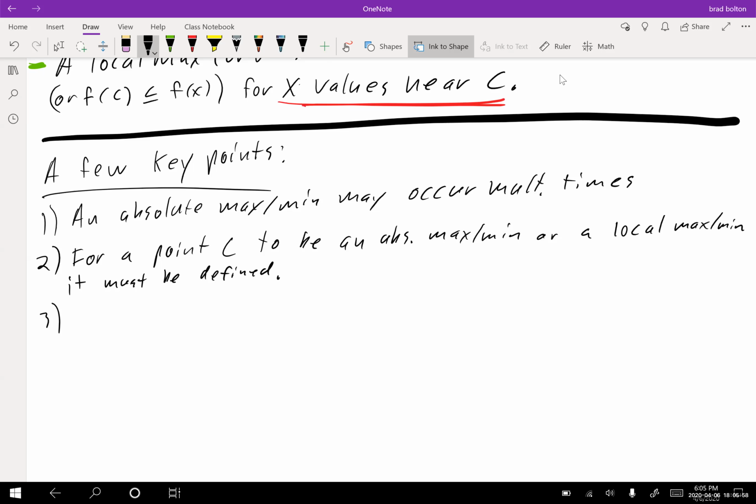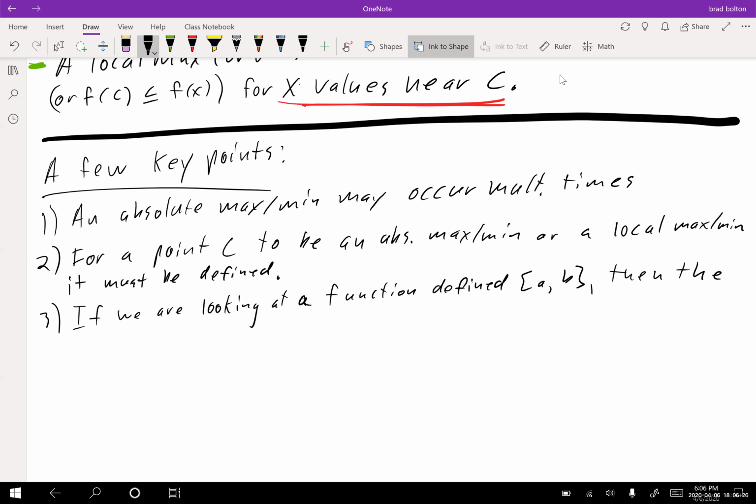Part 3 says, or a third point, for our class, we're going to say if we are looking at a function defined on the interval a to b, then the endpoints x equals a and x equals b cannot, this is important, cannot be local maxes or mins.